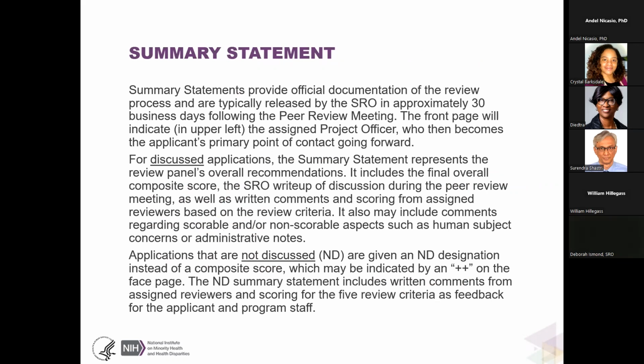This is the summary statement, a little bit more information about it. That's the official documentation of the review process. It usually comes out about 30 days after the review, and the front page will indicate who the assigned project officer is on the upper left side. So that will be your contact if you have any questions going forward.